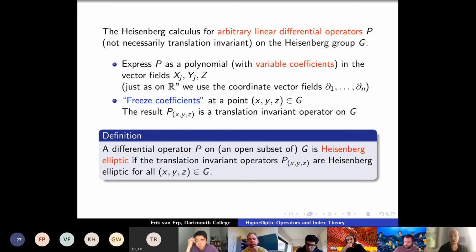So that is again exactly the same definition that I used for ellipticity, and it works for the same reason. These translation invariant operators are models that are relatively easy to analyze, and they're very good approximations to the variable coefficient operator, as long as you stay close to the point XYZ. And hypoellipticity, again, is a local property, so this allows you to prove hypoellipticity.